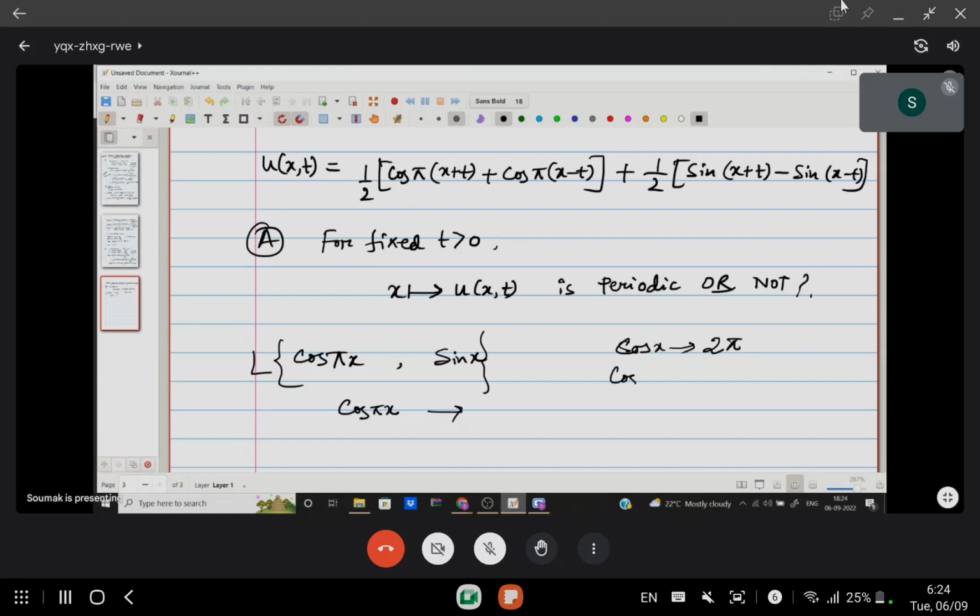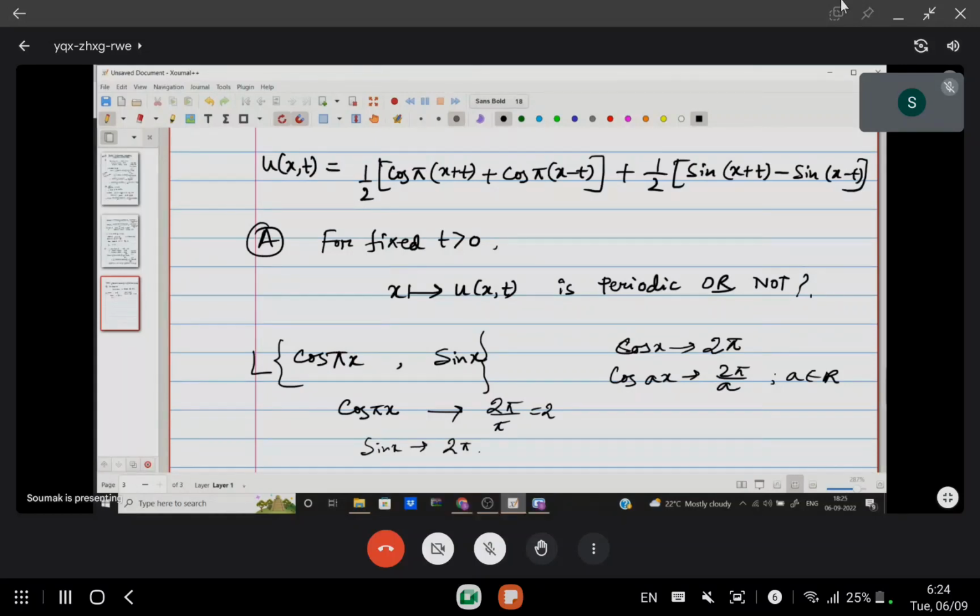So the period of cos ax is 2 pi by a. Here my a is pi, where a is a real number, so 2 pi by pi is 2, and the period of sin x is 2 pi.